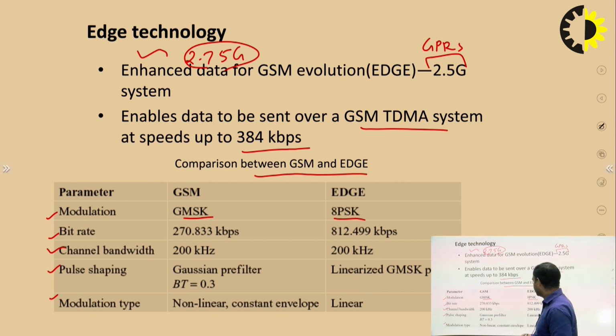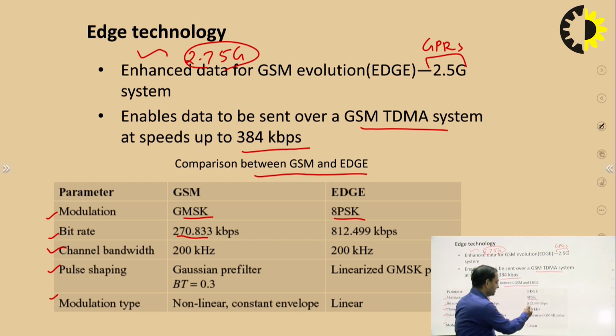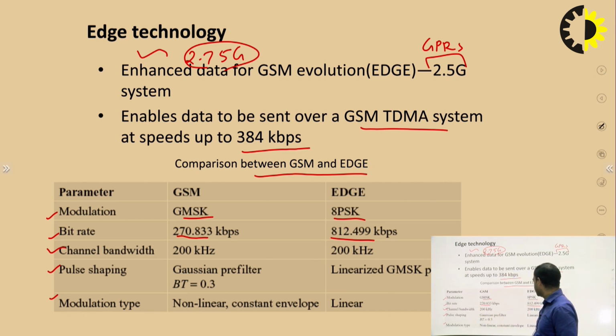This enhancement is used to increase the data rate. In GSM the bit rate was 270.833 kbps, and in the EDGE network it was 812.499 kbps. Similarly, the channel bandwidth is the same in both cases, for GSM and EDGE.